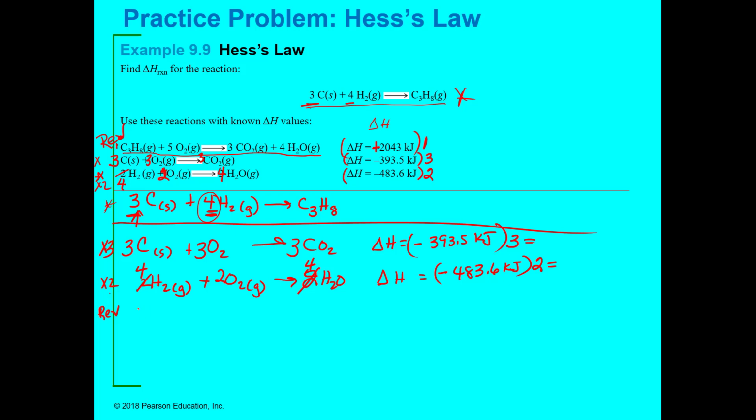So this becomes 3 CO2s plus 4 H2Os gives me C3H8 plus 5 O2s. And then my delta H is now a positive 2,043 kilojoules.